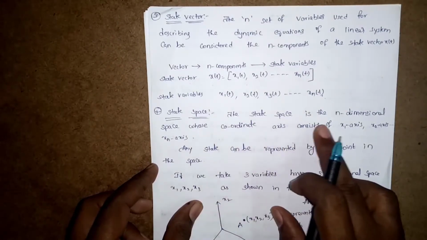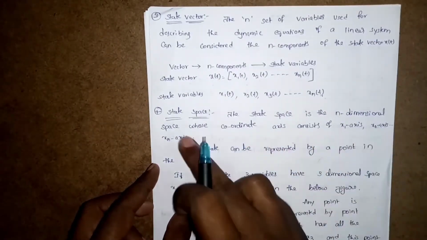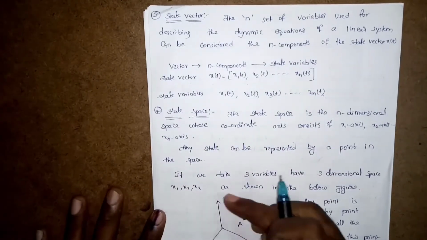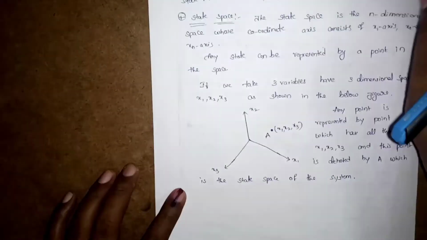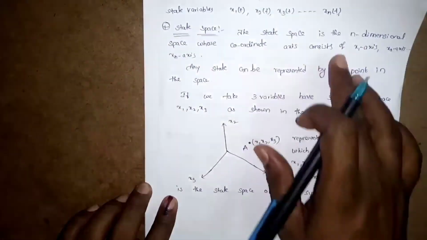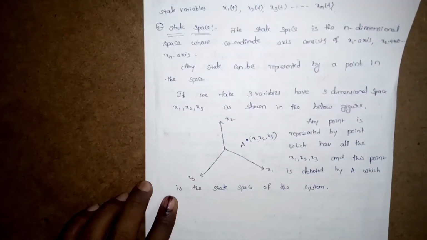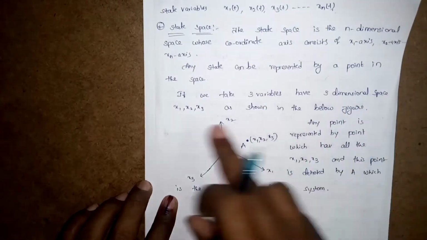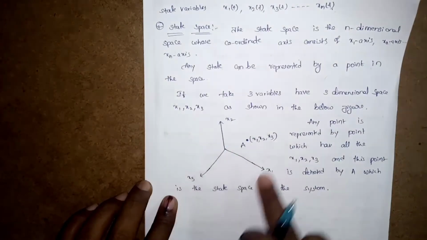Now coming to state space. The state space is the n-dimensional space whose coordinate axes consist of the x1 axis, x2 axis, up to the xn axis. Any state can be represented by a point in the space. Let us assume three dimensions: x1, x2, x3, as shown in the figure below.